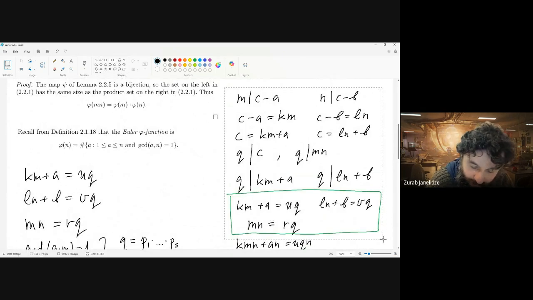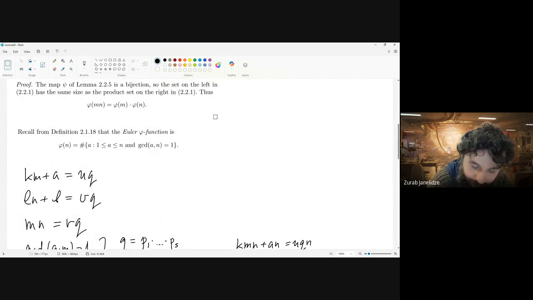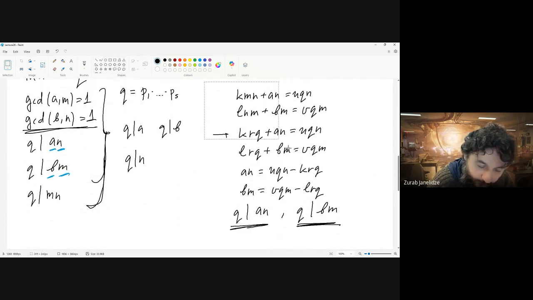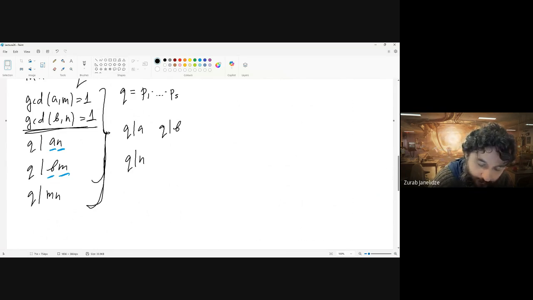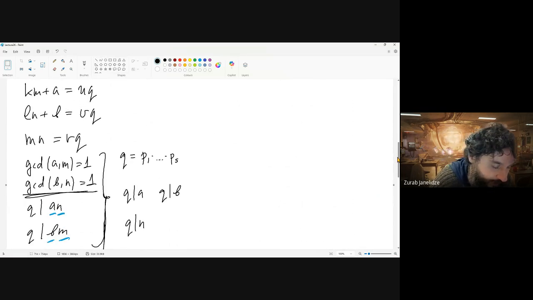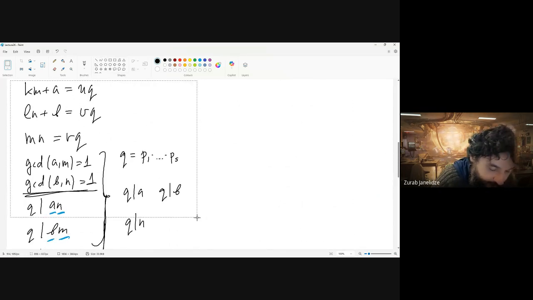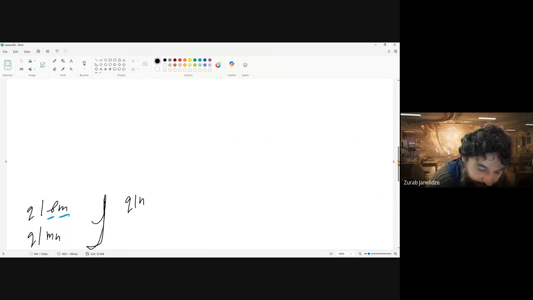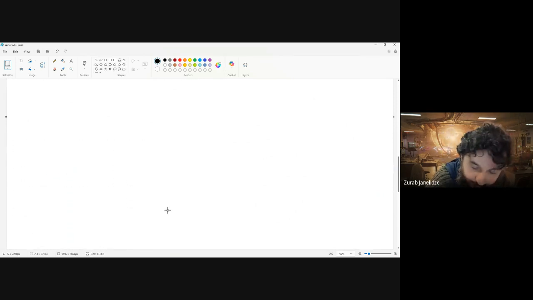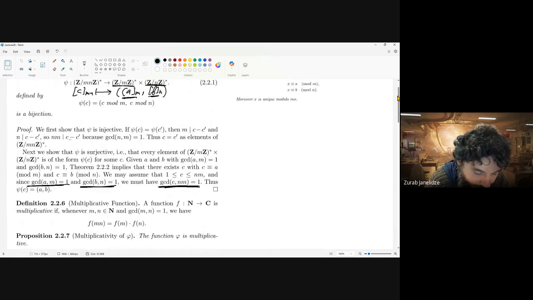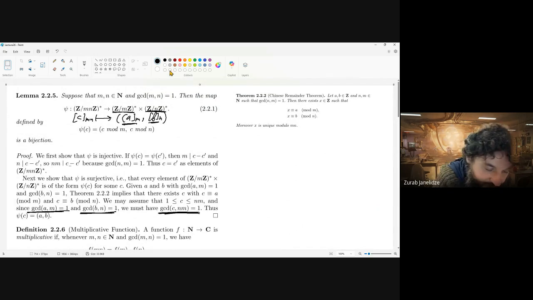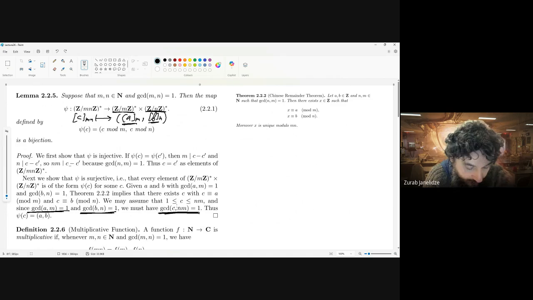So let me just clear the board here. You might want to write this out neatly in your book, cutting all the unnecessary steps. So the C that we found is the right kind of C, as we have now shown.